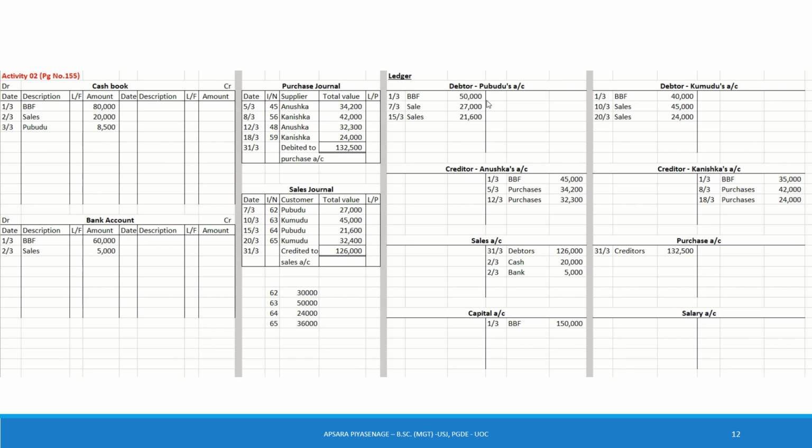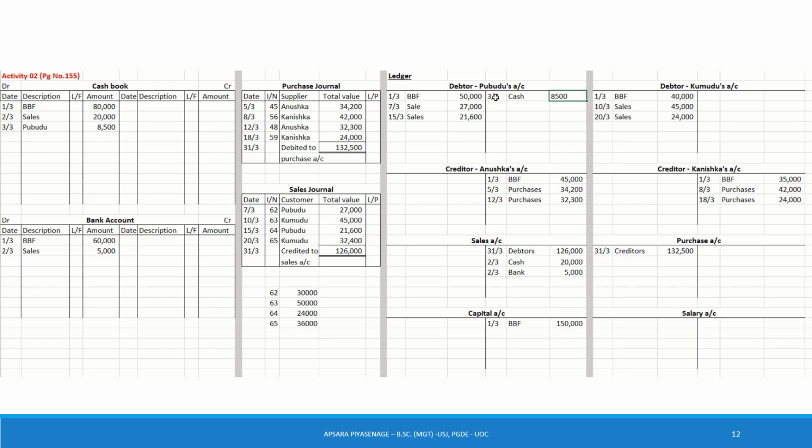Debtor Pubudu's account should be credited. 3rd of March. Here we can write cash 8,500.